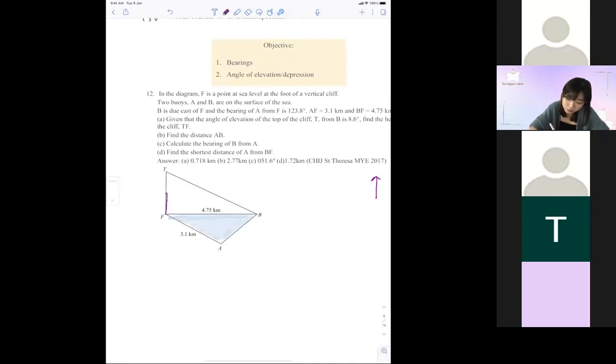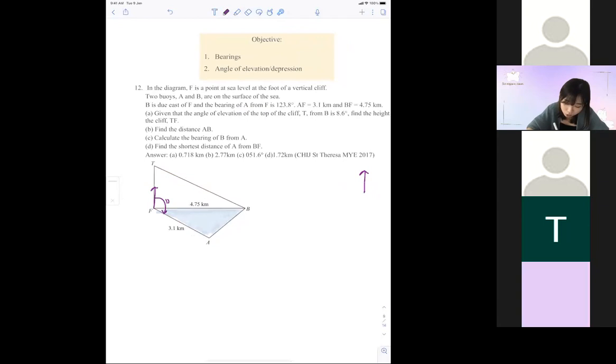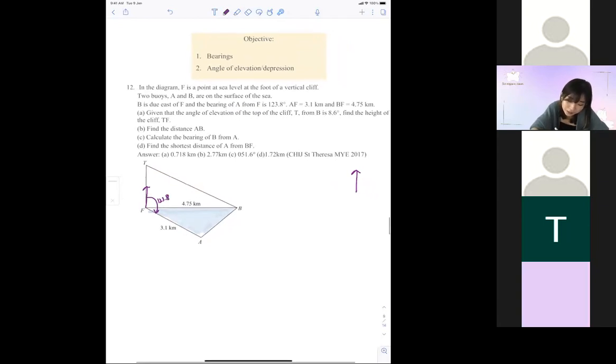From here, the bearing of A from F: so north at F, to A, link them up, is 123.8. Knowing that B is due east of F, every time when you have due east, this is north, this is east. This one is definitely 90 degrees. So here is 90 degrees.